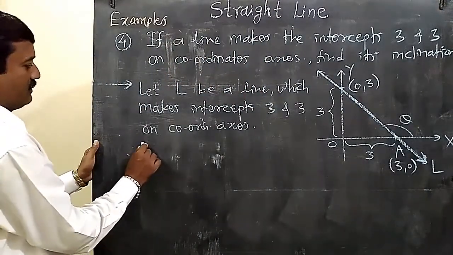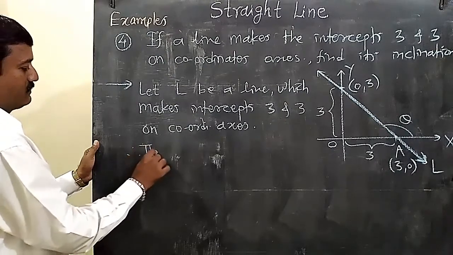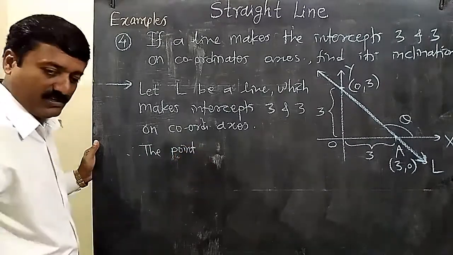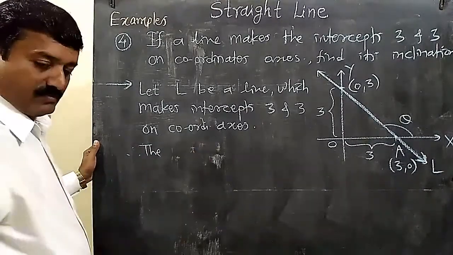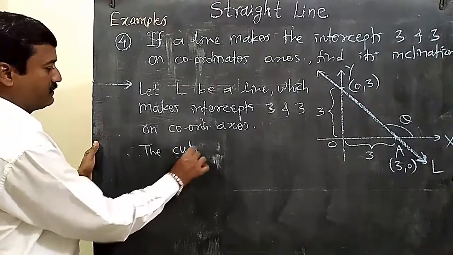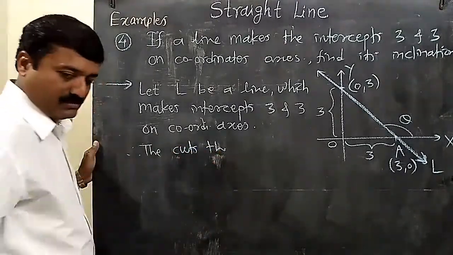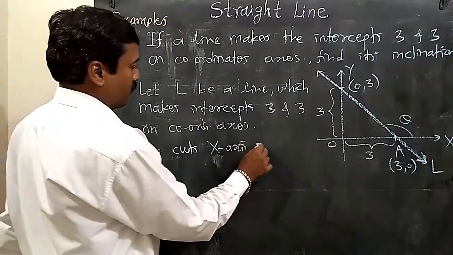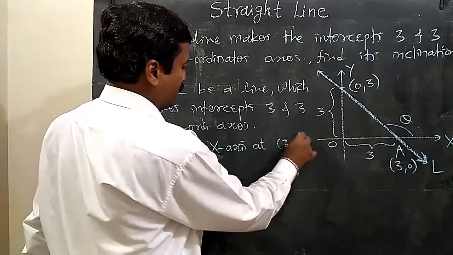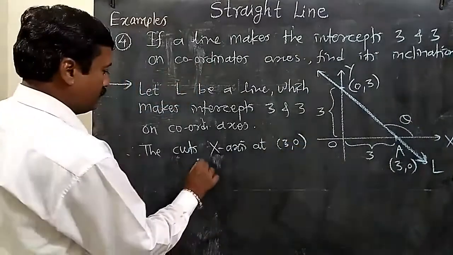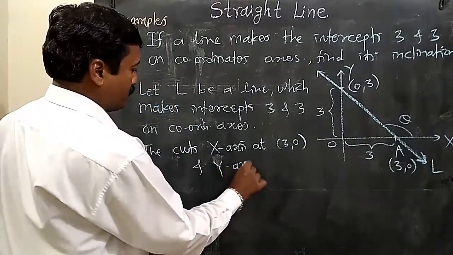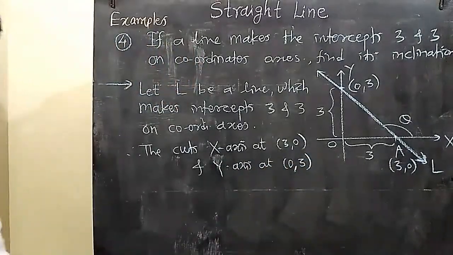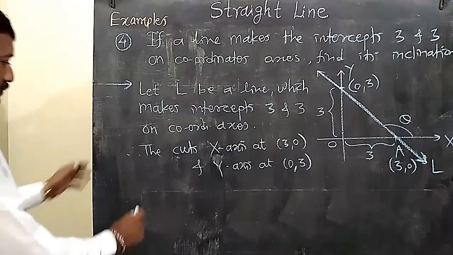Therefore, the line cuts x-axis at 3, 0 and y-axis at 0, 3. So from this we can find the slope of the line.